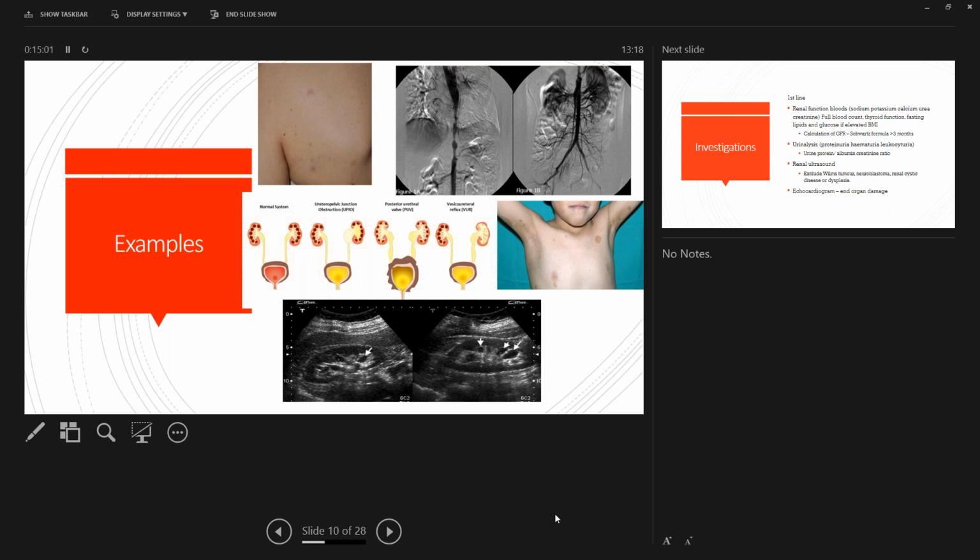And then just to the right of that is an example of an angiogram of a child with mid-aortic syndrome. You can see a thoracic image and an abdominal image. The one on the left is the thoracic, where you can see the narrowing of the main aorta down the middle. It's usually the distal aorta all the way down that is affected, and then sometimes some stenosis within the heart.